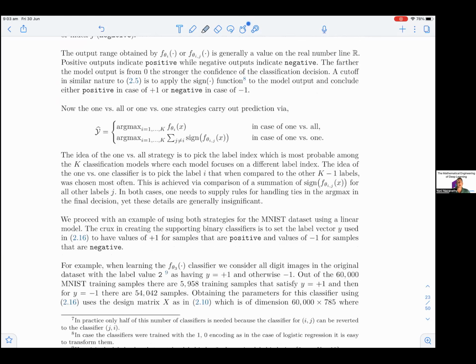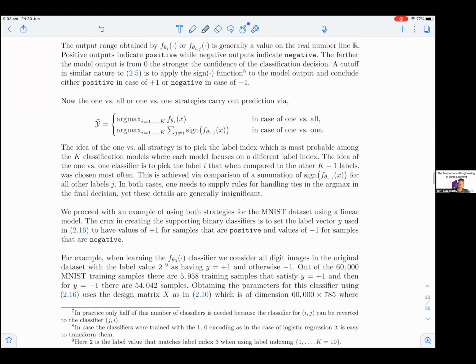The farther the model output is from 0, the stronger the confidence of the classification decision, whether positive or negative. A cutoff, similar in nature to 2.5, which was a threshold cutoff we had in the previous section, is to apply the sign function to the model output and conclude either positive in case of +1 or negative in case of -1.